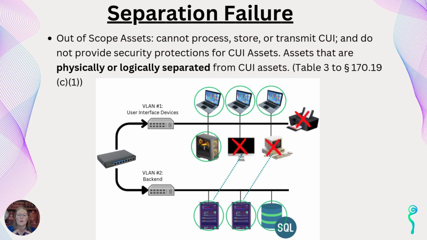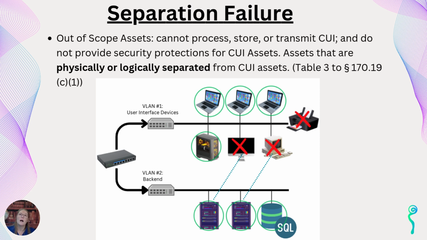And then going into reviewing of the security controls and understanding the environment a little bit more, it's determined that these out of scope assets, yes, they don't store, process, or transmit CUI. Yes, they don't provide security protection, but no, they are not physically or logically separated from the CUI assets that are in scope of the requirements.